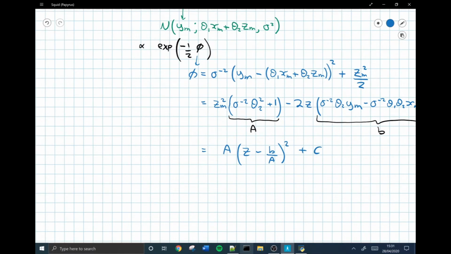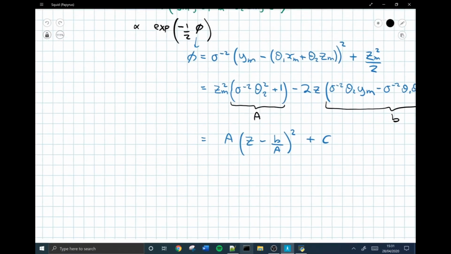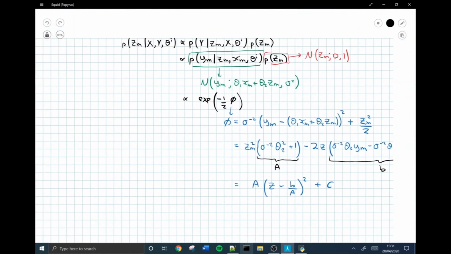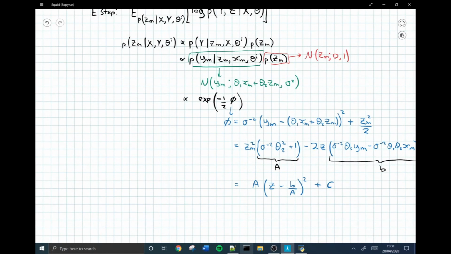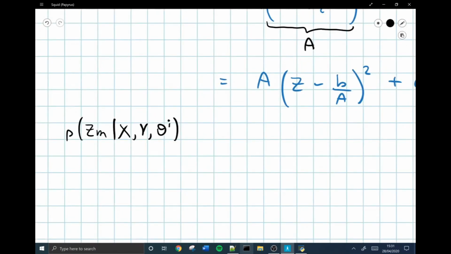So that means if you substitute that into here, our posterior over Z is going to be equal to a normal distribution, where obviously the argument is Zm.